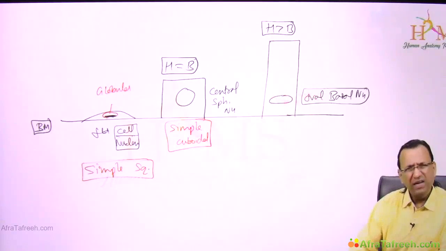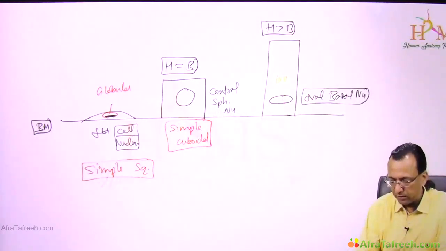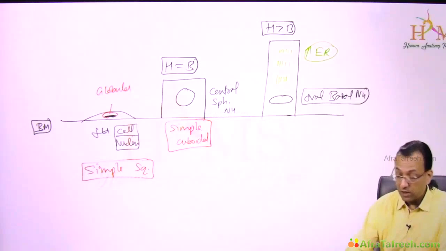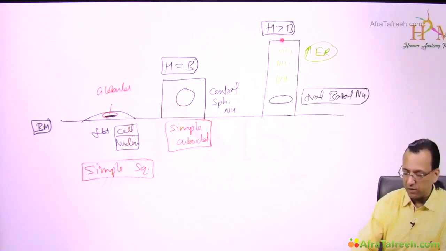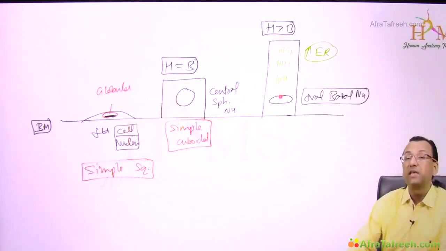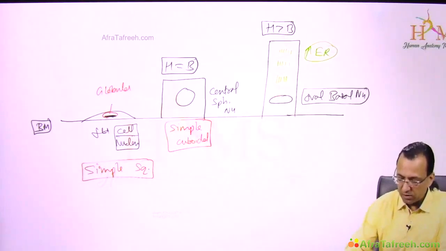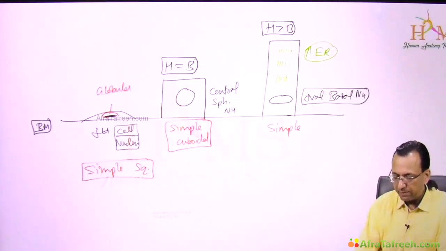Why? Because I had a lot of endoplasmic reticulum. And why were you having a lot of endoplasmic reticulum? To make the thyroxine hormone. You mean to say actively secreting thyroid follicle? Yes, actively secreting thyroid follicle, more of endoplasmic reticulum. To keep that endoplasmic reticulum, I am increasing the height of the cell. So this is what we call the simple columnar epithelium.